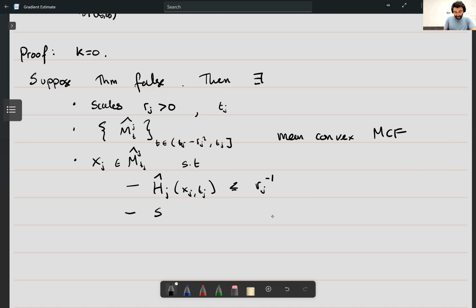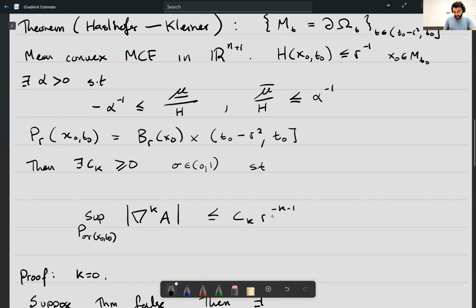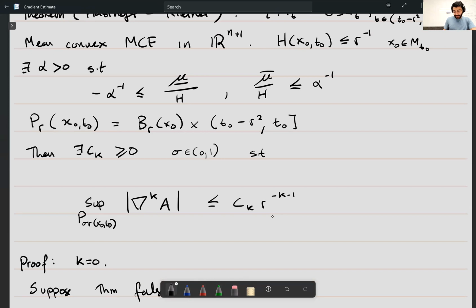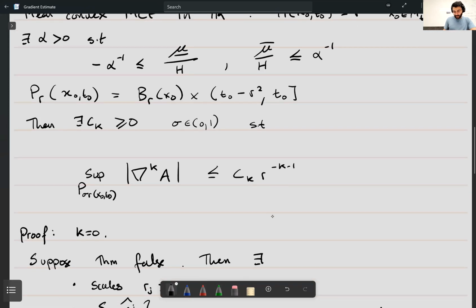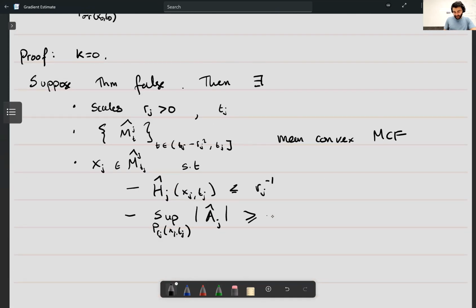It doesn't have the curvature bound: A hat j is greater than or equal to Ck over r, so there doesn't exist a constant Ck such that this is true when k is 0. So that will just be j. You can make the constant arbitrarily large in a sequence of examples.